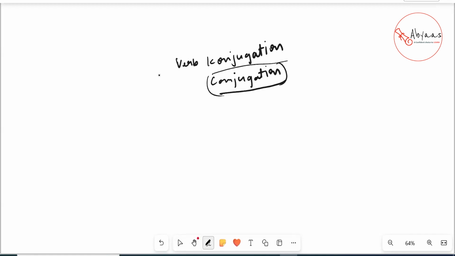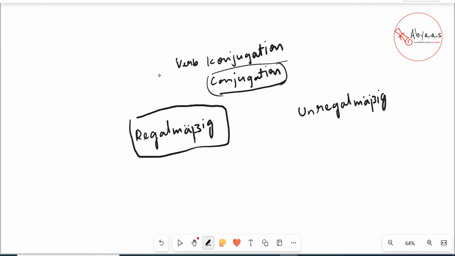So in the case of German also, there are regelmäßig. What is regelmäßig? Regular. Unregelmäßig. Irregular. So in regelmäßig, initially we classify them into type 1 and type 2.